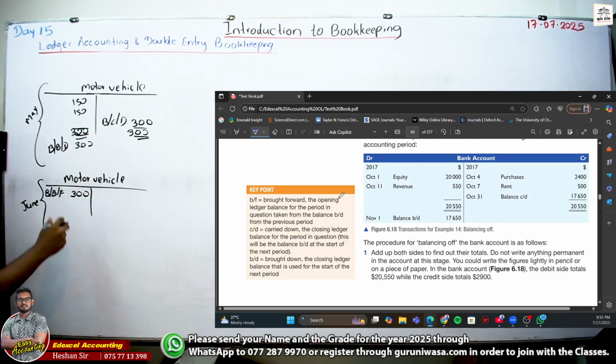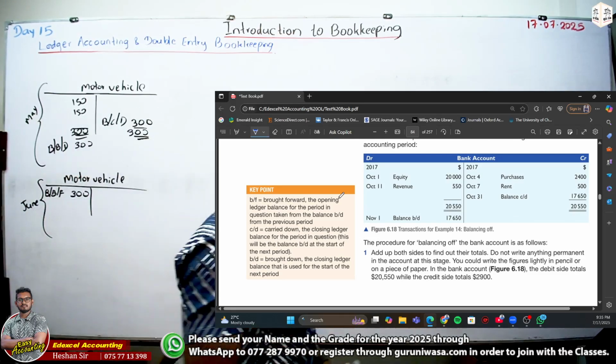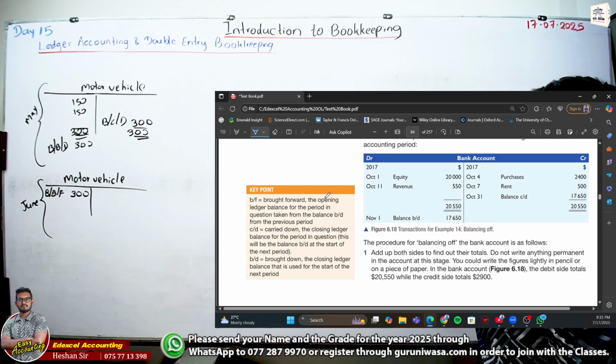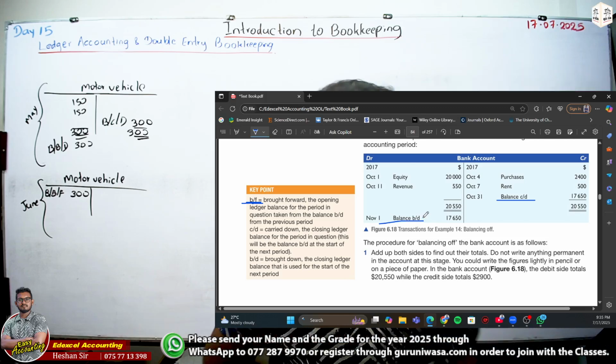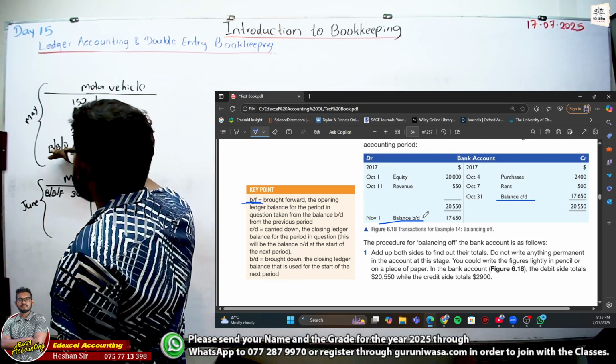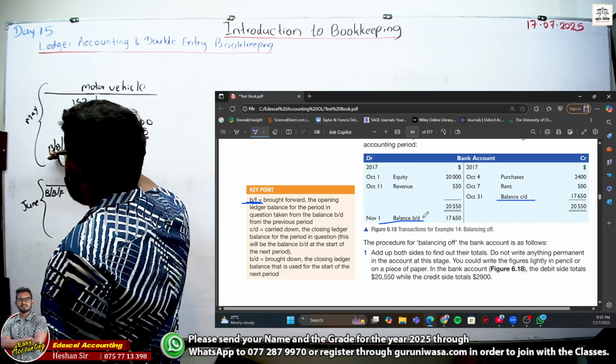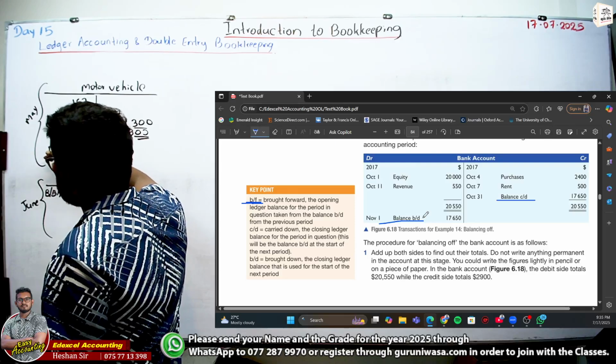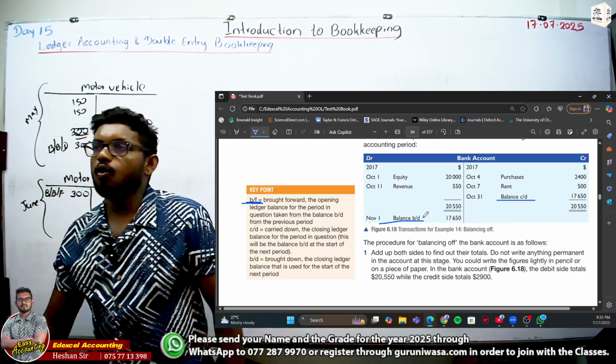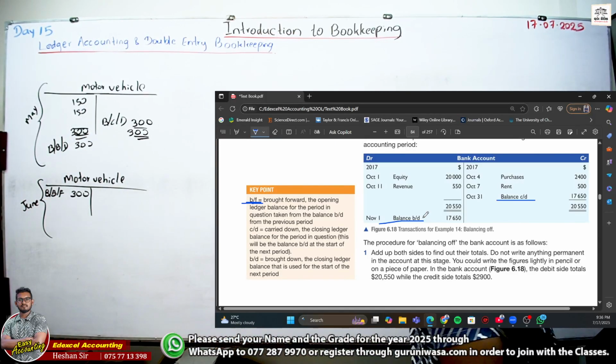So on the next month's opening date, we call it brought forward. Here BCD means the closing date, and the next month opens with it. When we are closing an account, we are just creating the balance brought down. The last month's closing balance is the next month's opening balance. That is the thing, right?